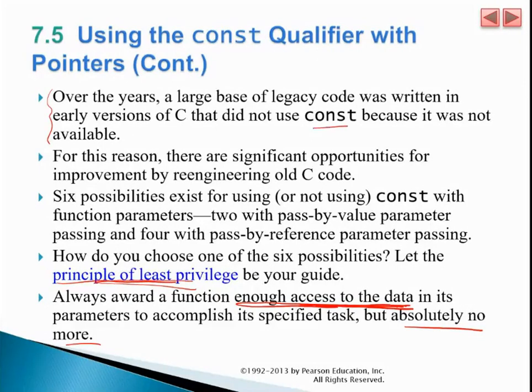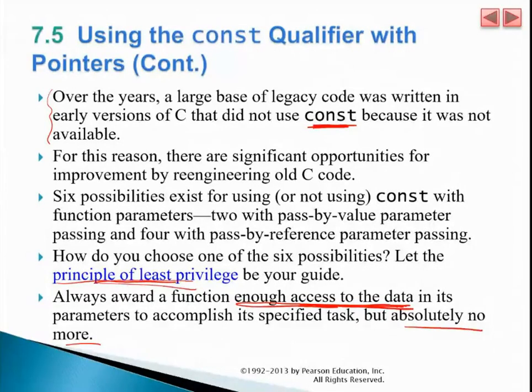Previously this constant qualifier was not included in the C programming language, and there are many programs, called legacy programs, that were already made using C code. So now people are modifying those old C codes and including this constant qualifier in them to achieve the principle of least privilege.